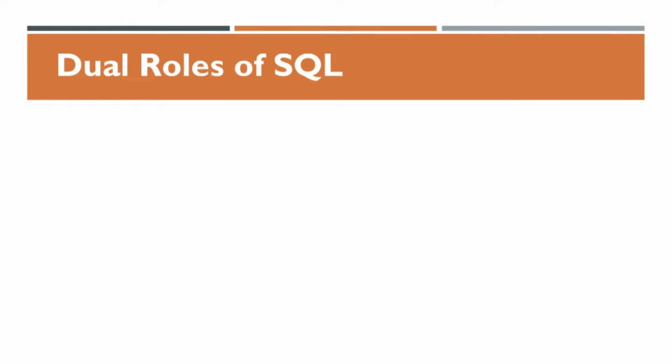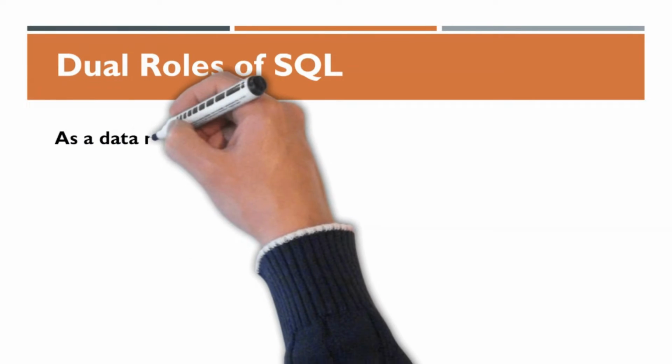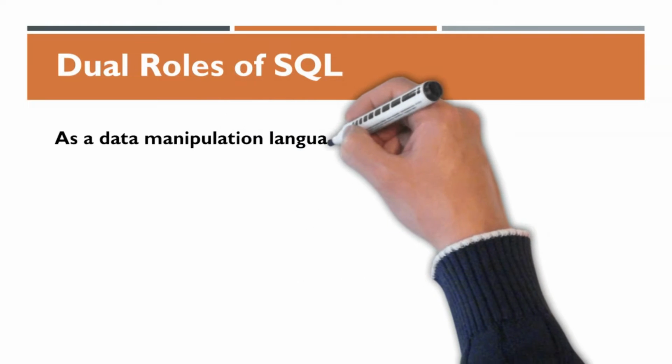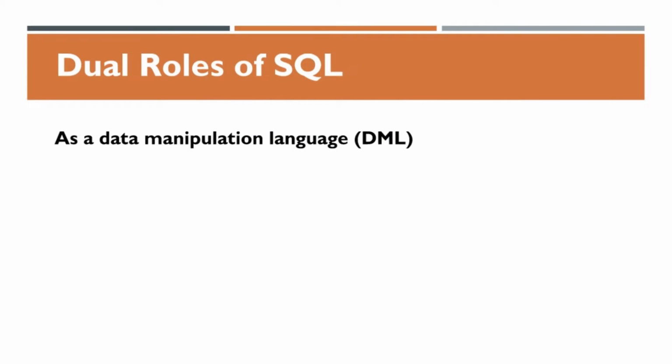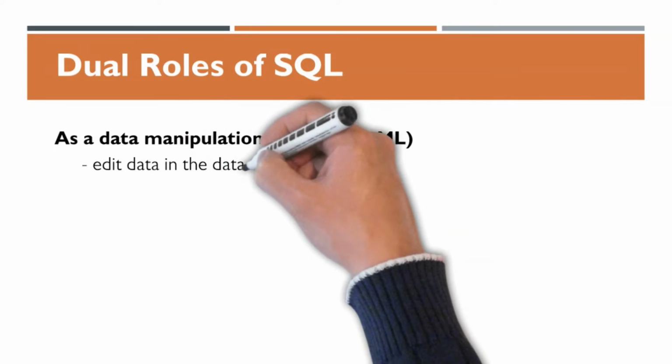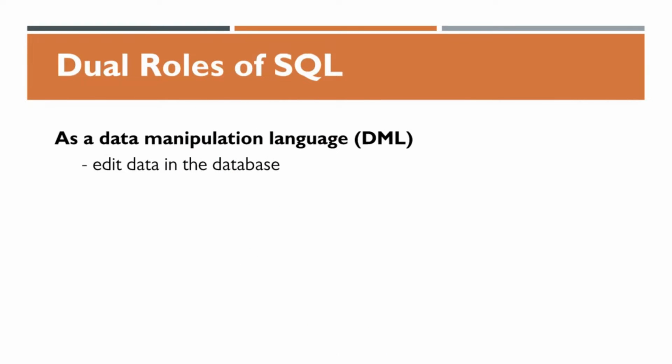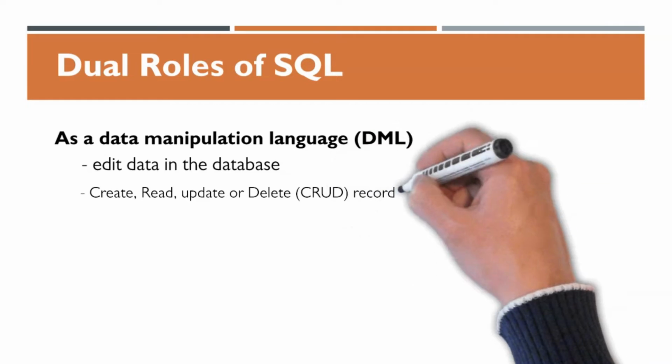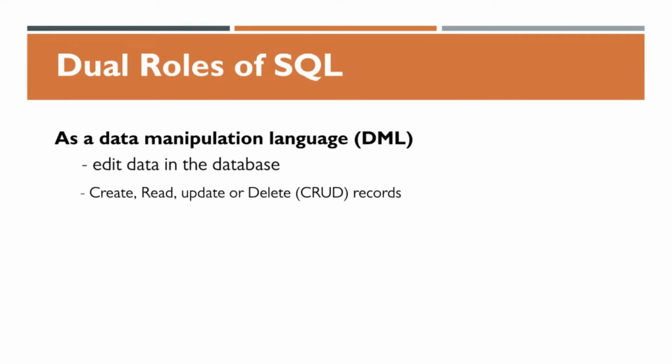When we use SQL to work with data in existing tables, that's SQL being used as a DML, or data manipulation language. These operations where we change data are generally called CRUD, shortened for create, read, update, and delete. CRUD is a common shorthand for referring to modifying data in a database.